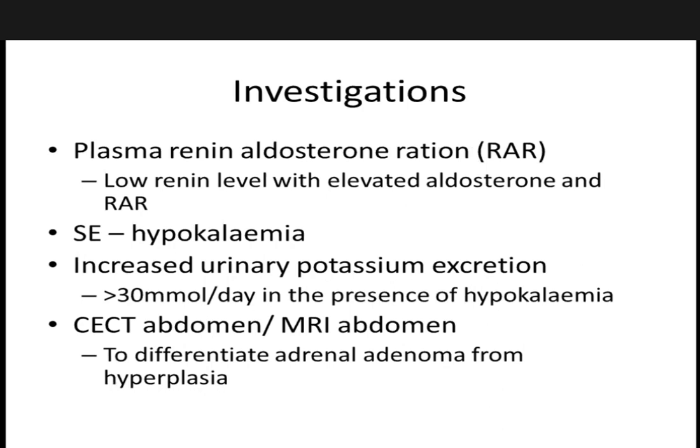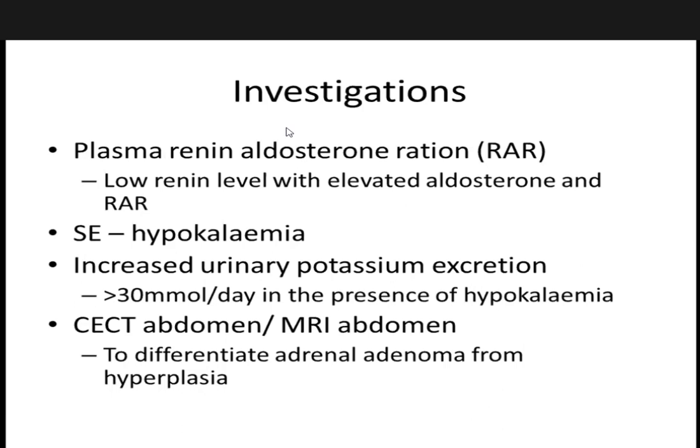Serum electrolytes again will show hypokalemia, and together with that, they will have increased urinary potassium excretion. Usually when someone has hypokalemia, you would expect low urinary potassium loss. But in this instance, the urinary potassium excretion will be increased, more than 30 millimoles per day in the presence of hypokalemia.